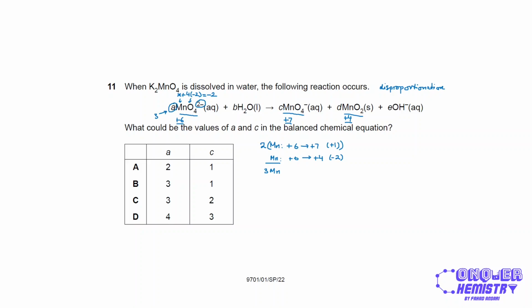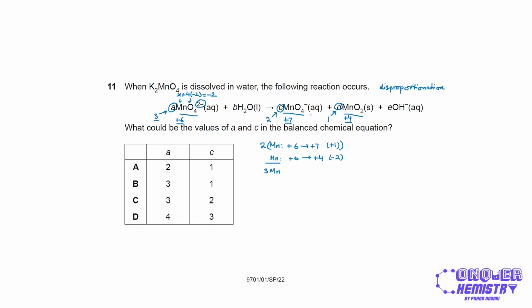And 2 of them will be for the Mn's in MnO4, right? Because 2 of them are going to be oxidized and 1 of them is going to be reduced in MnO2. So the 3 Mn's in MnO4, 2 negative, are going to be distributed such that 2 MnO4 negatives are formed and 1 MnO2 is formed.